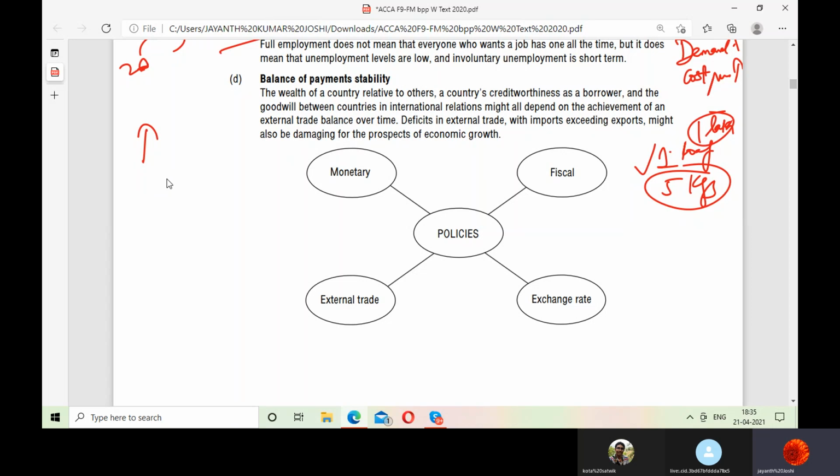Now you'll ask me a question, sir, the United States is a very rich country, and $1 is 79 something. If the US exports something to India, India will be reluctant to buy US goods. Why?